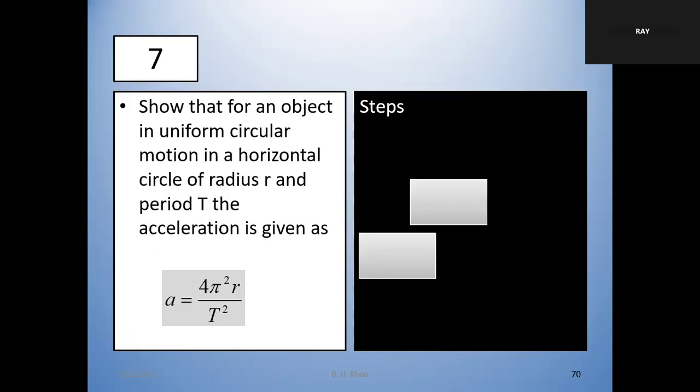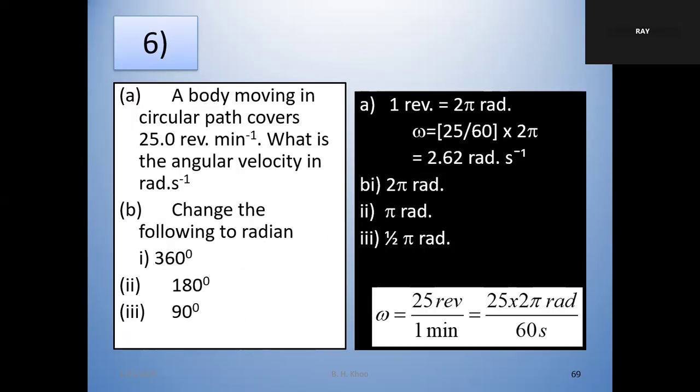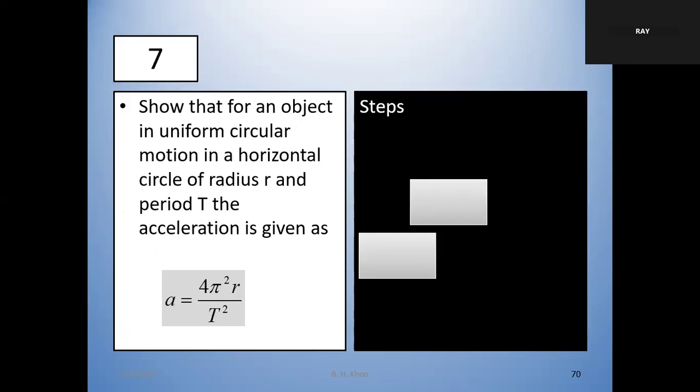Try this one. Can I have a look at the 6 again? Okay, can already. How about this one? Playing with the formula only. Start with v squared over r. You want v, you want t and r.